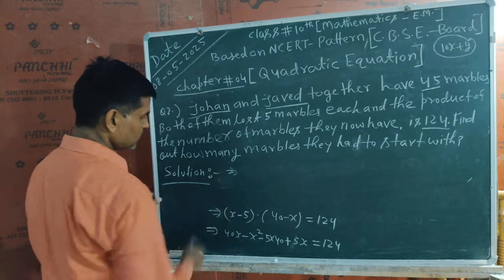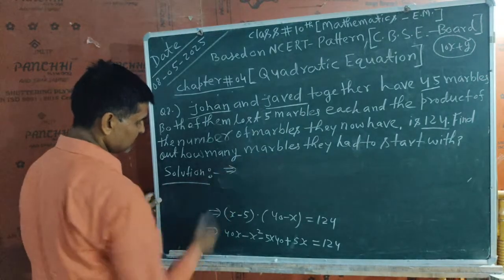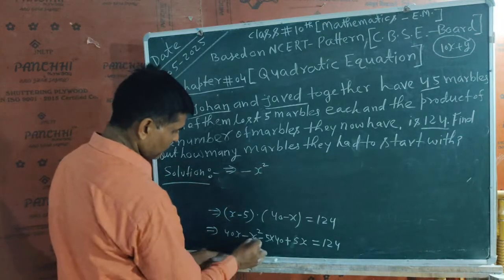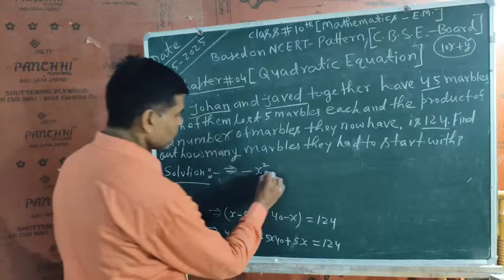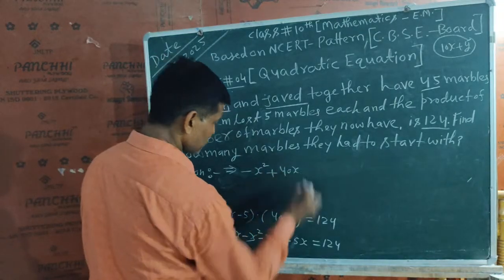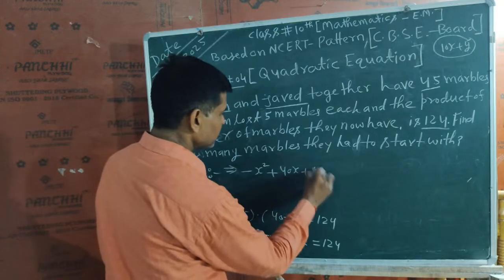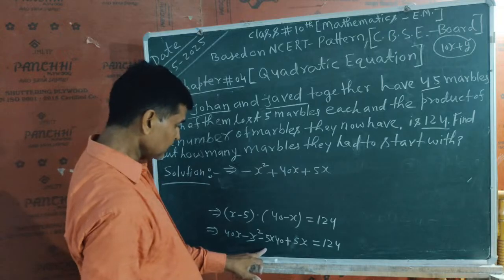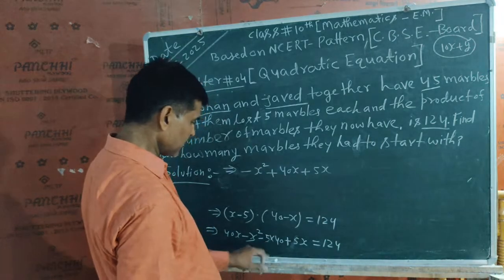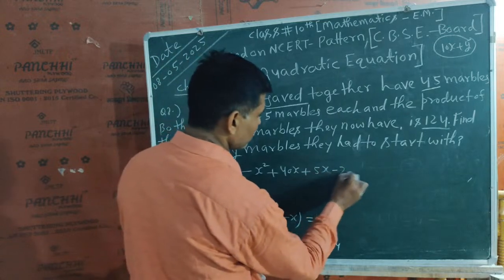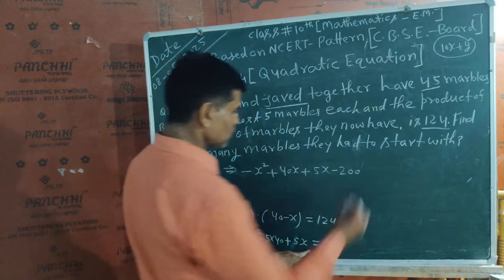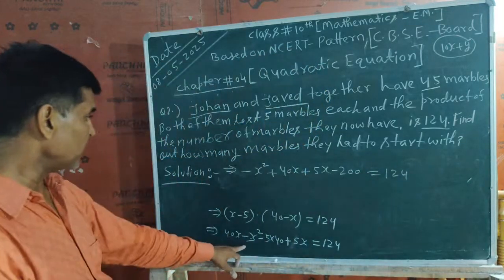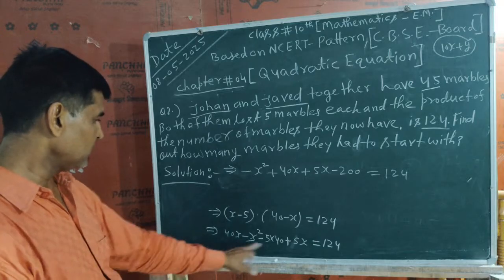Here first of all I will write minus x square, and here plus 40 is available, so I will write plus 40x, and here plus 5x is available, and minus 5 into 40 is 200, so minus 200 is equal to 124.